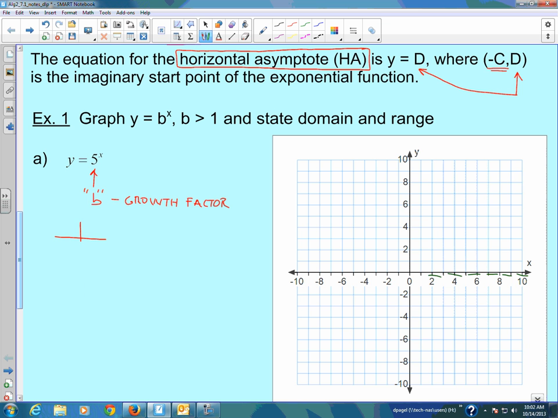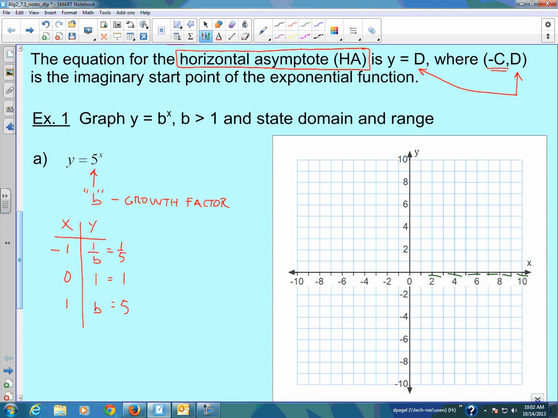So if I take a look at my parent function movements for this, we go left 1, we go 1 over b. We don't move at all left or right, we go up 1. We move to the right 1, we move up b. Well, in this case, these all become 1/5, 1, and 5.